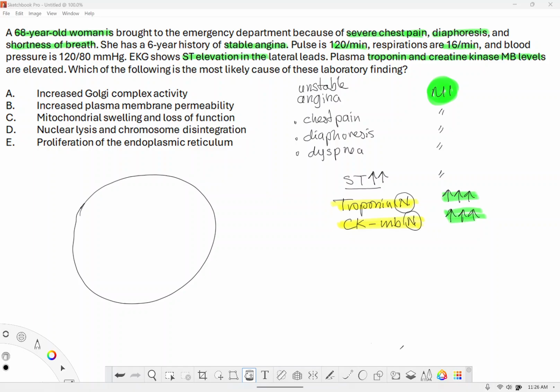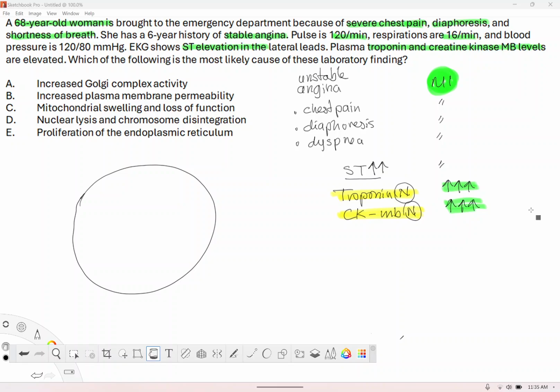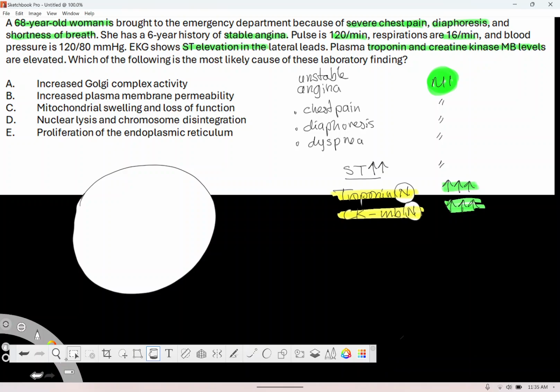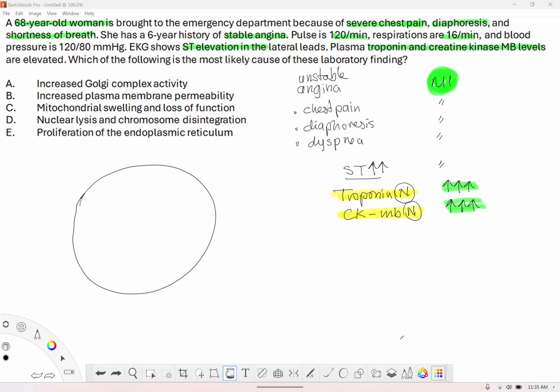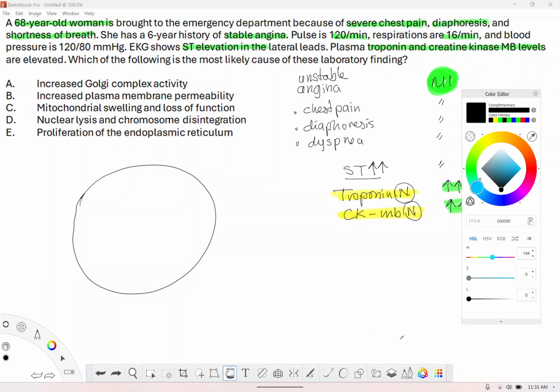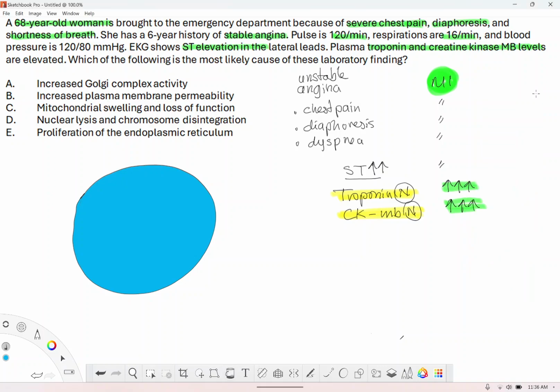Let me change this here. And quickly. So that's my myocardial cell.